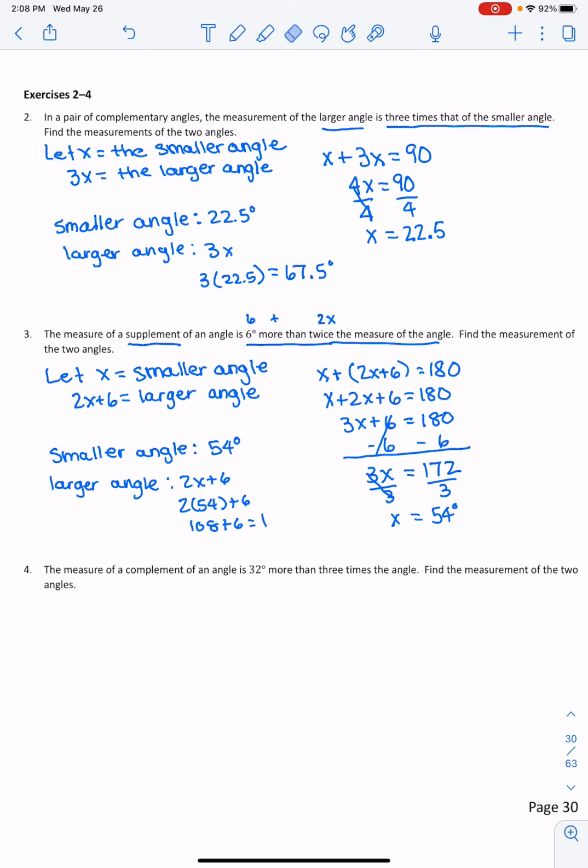And I made a mistake. Let me fix this. 172 divided by 3 equals... Oh, I did make a mistake, guys. Sorry. Let's fix this. So it's 174.